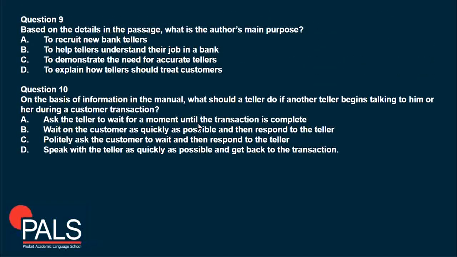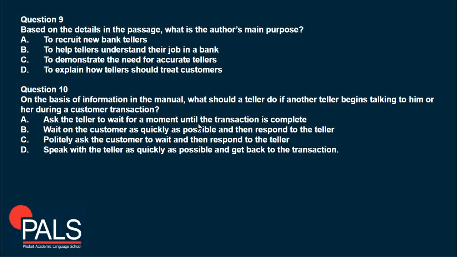Number 9 and 10. Based on the details of the passage, what is the author's main purpose? What do you think? Let's go back. What is the document? It's a manual, right? It's a teller's manual. So, A, is it to recruit new bank tellers? B, to help tellers understand their job?